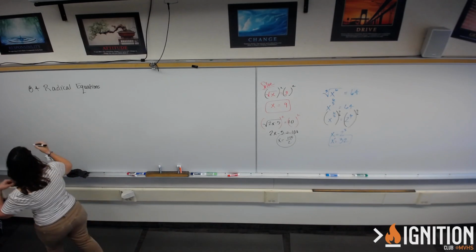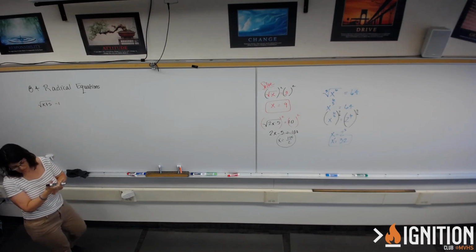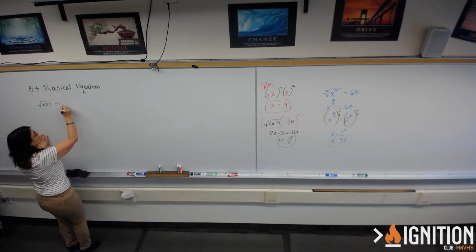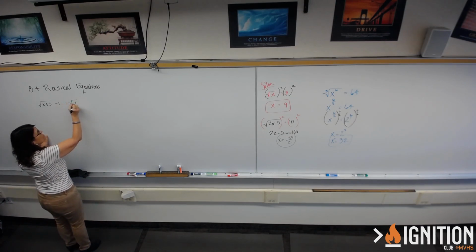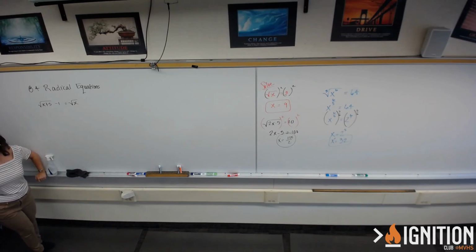Root x plus 5. The 1 is not under the radical. The 1 is not underneath the radical.